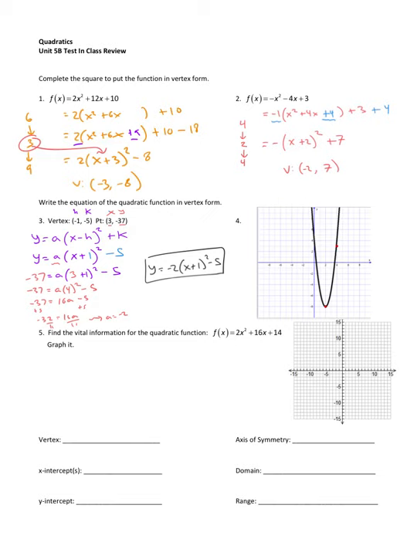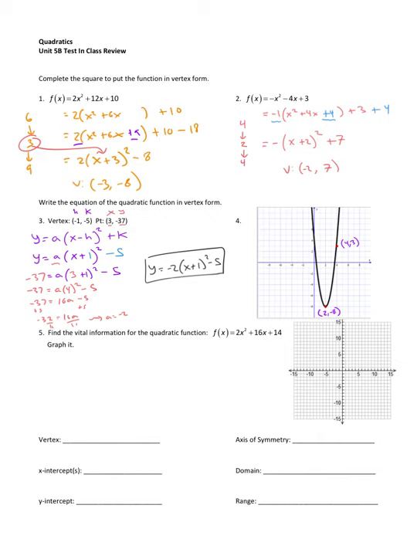Number 4 is similar. I can see in the graph what the vertex is, 2, -8. I also can see a different point, 4, 3. And so I get that same type of problem as number 3.